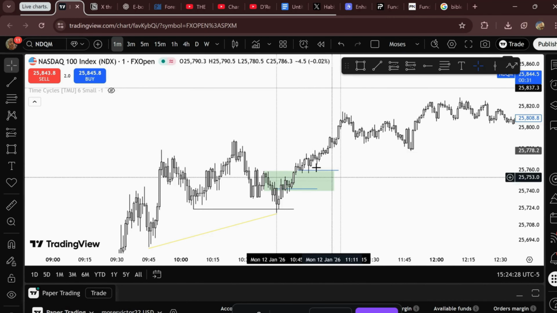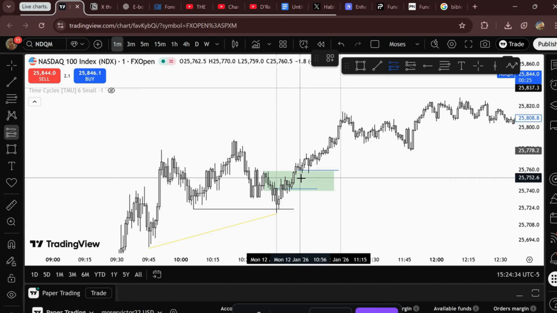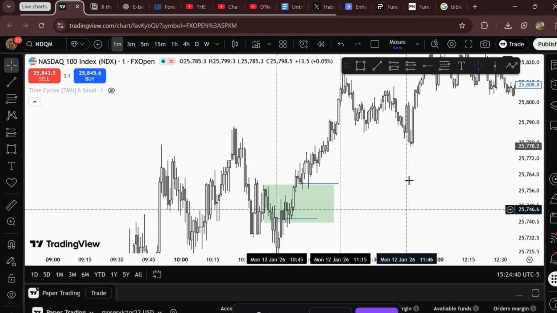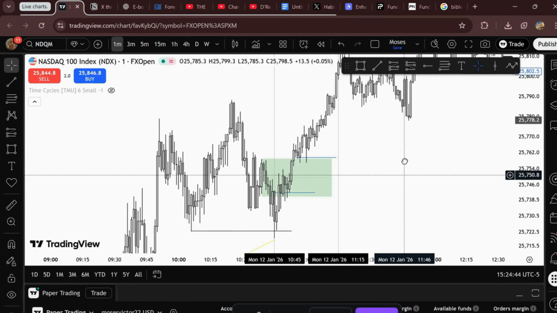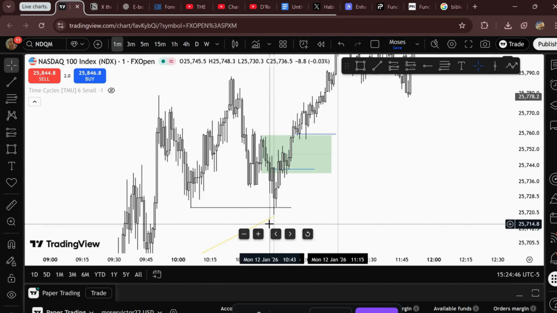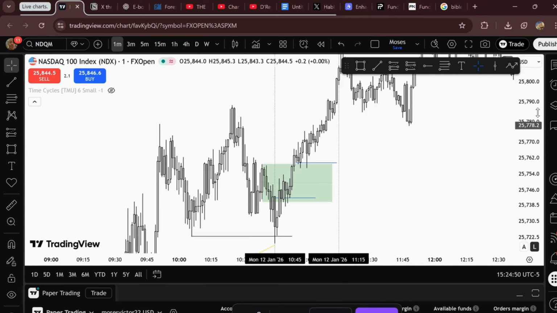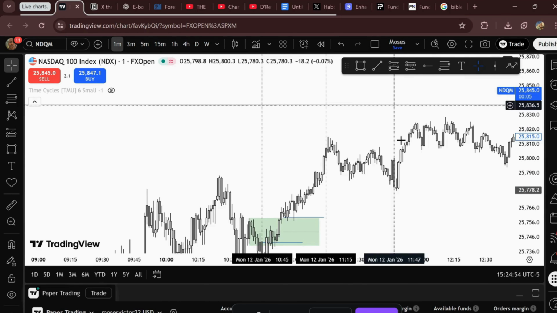Remember, all this was going on inside the 10:45 to 11:15 macro, right? So this was my entry inside of this fair value gap, with this order block and an SMT for the continuation model, and we still have these relatively equal highs here for target.